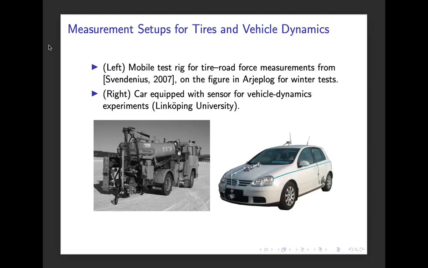So, at the end, we really need to do some kind of system identification to determine the actual parameters of our models. And this is how it could look for tire force measurements and vehicle dynamics measurements.